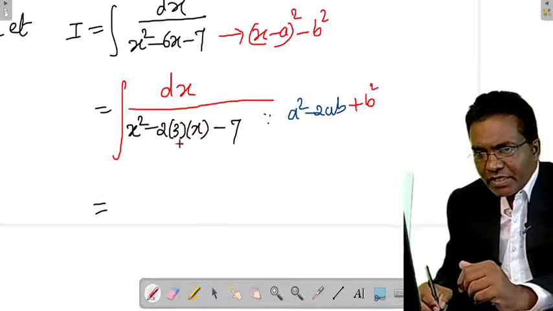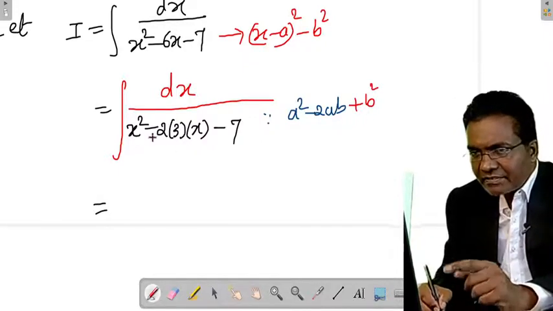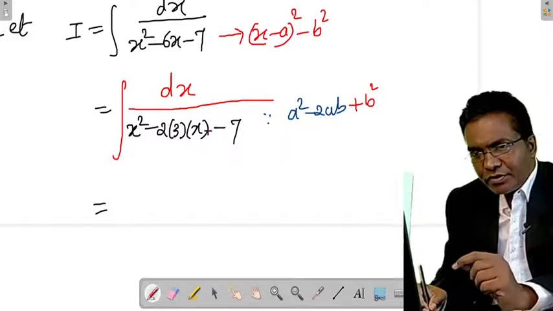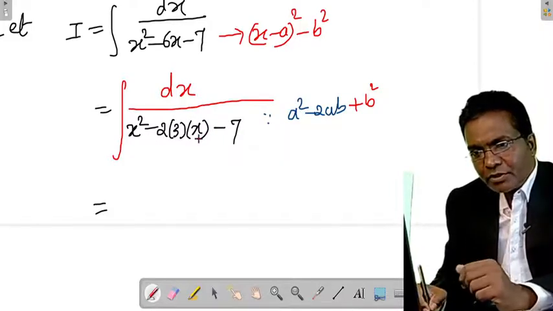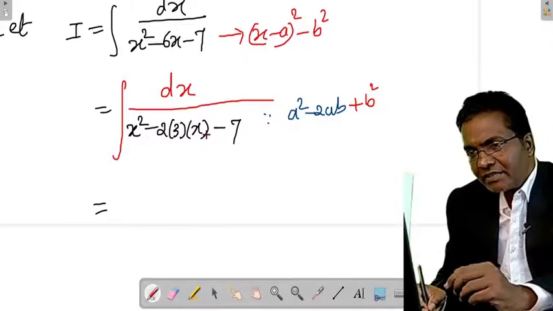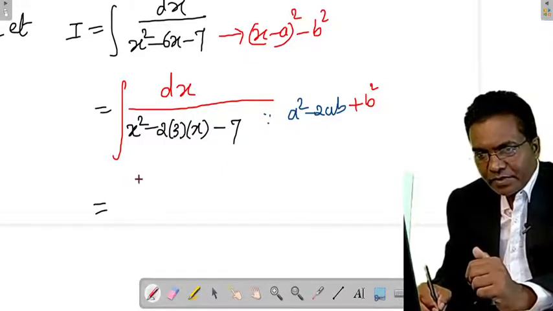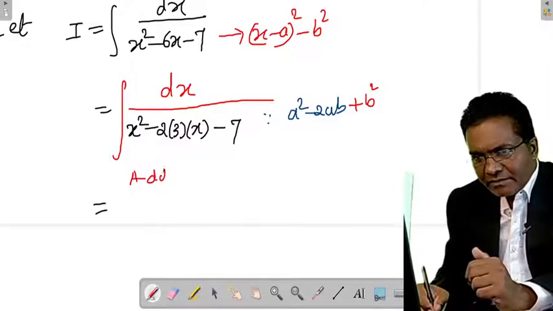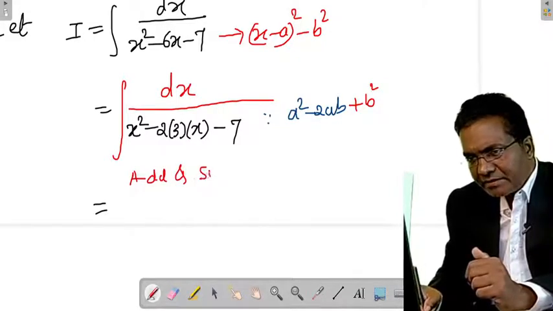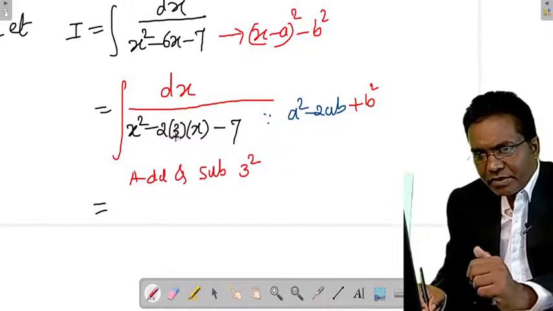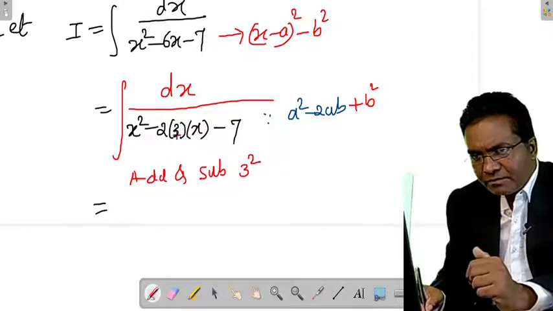So you need to add some extra term and subtract that much. So b is 3 here. So in the denominator I add and subtract 3 square, because this is your 2ab form.